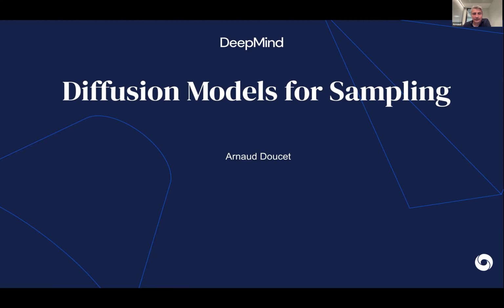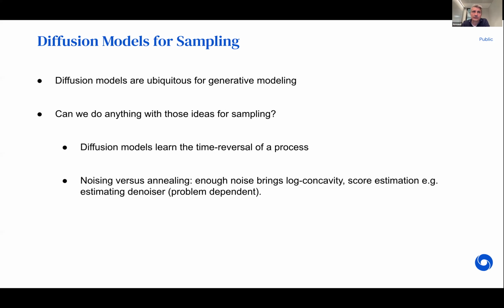Okay. So I guess most of you in the audience are very familiar with this class of models known as denoising diffusion models. It's a novel class of generative model that appeared in the machine learning literature maybe 4 or 5 years ago, and has basically become ubiquitous in this research area.